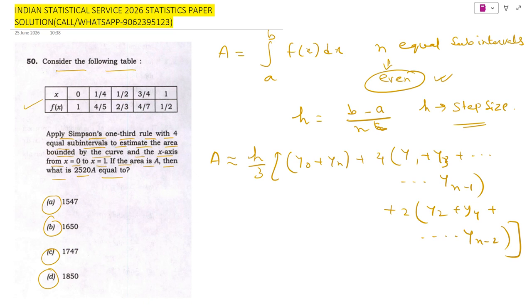And the leading error term depends entirely on the fourth derivative. Error is basically minus of (b minus a) into h to the power 4 by 180 into f fourth derivative.